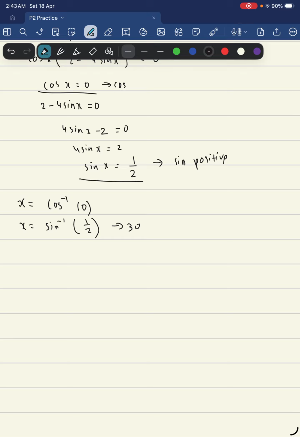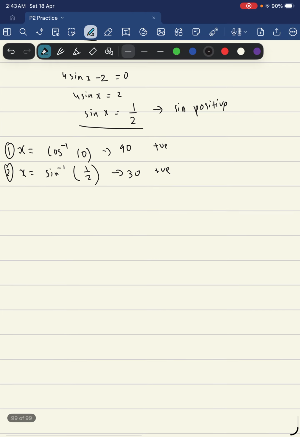And cos inverse 0 gives us 90. Now they're both positive. Let's name this 1, let's name this 2. Let's start with the cos, so that we can draw a quick CAST diagram. Since cos is positive, it can be positive in this quadrant and this quadrant.